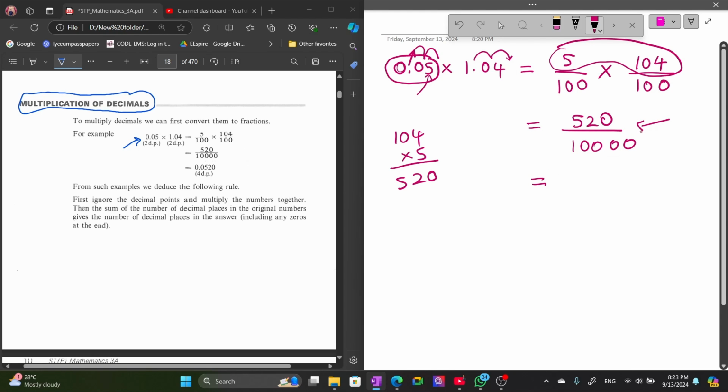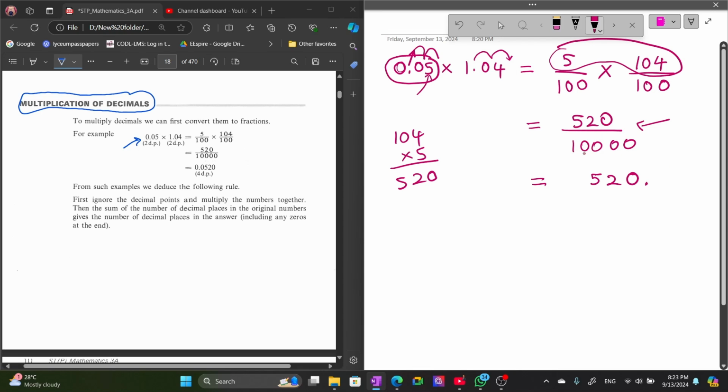Now the easiest thing we have to do is make this a decimal number. So we write 520. This is a whole number now, so the decimal point is here.